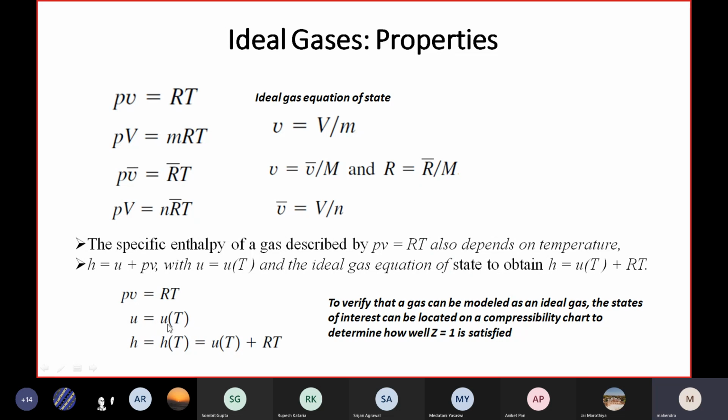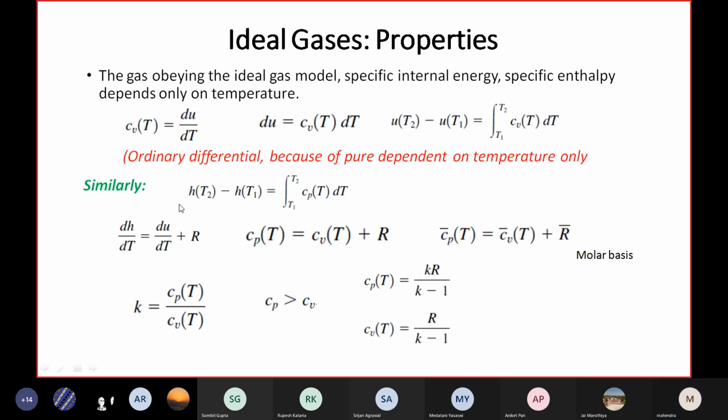This is internal energy, and this is the enthalpy we are calculating. The internal energy is du by dT. Simply, U2 minus U1 equal to integral from T1 to T2 of Cv dT. You can understand these all. Similarly for enthalpy also.